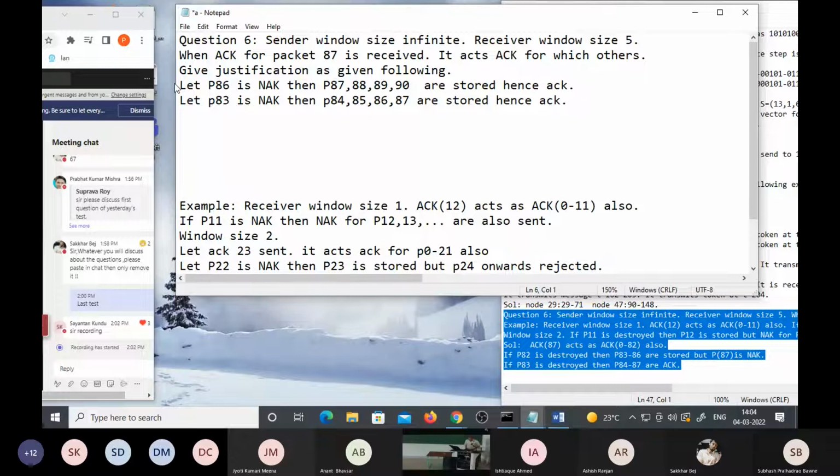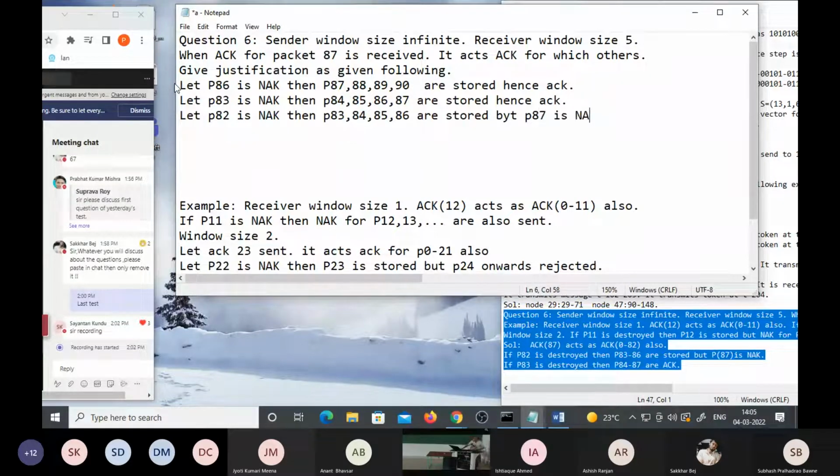Now, let P82 be NaK, then P83, 84, 85, 86 are stored. But P87 is NaK.